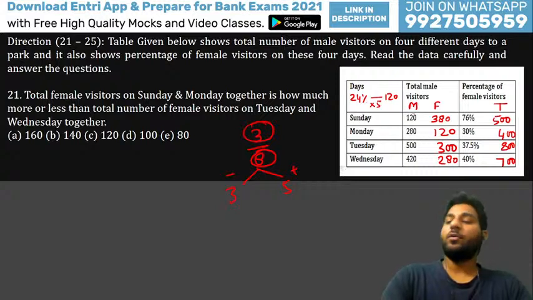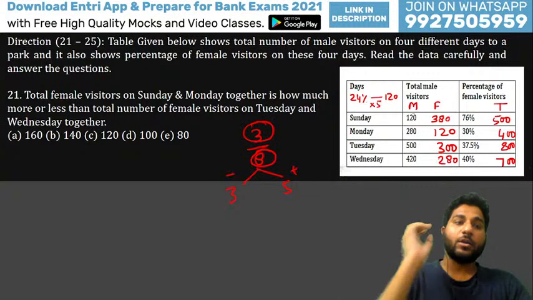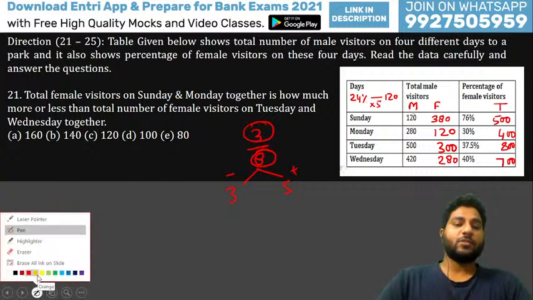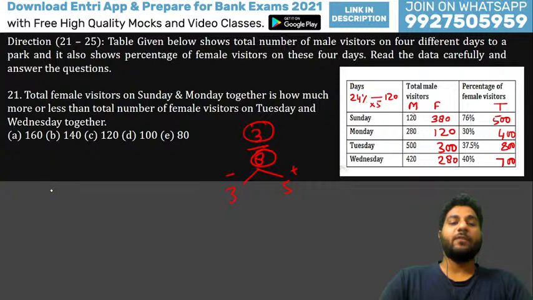Once you have got the whole data, you will be able to solve any question. Remember this data, write it down on your rough sheet, and do not miss any section. Now look at this. Total female visitors on Sunday and Monday together, how much more or less?